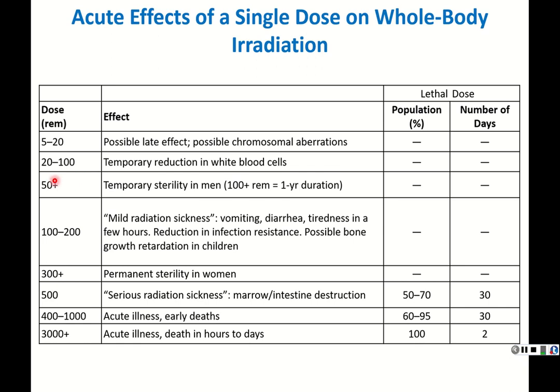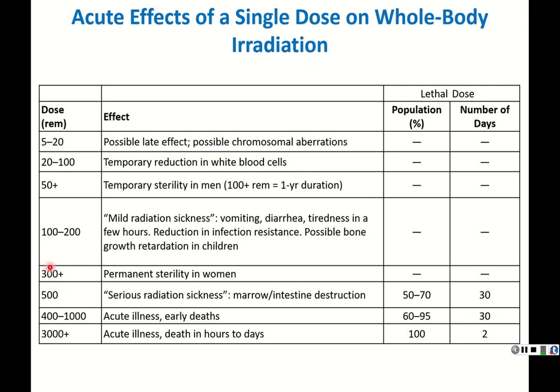If you take half to a quarter of that and just do it all at once, that would be enough to cause this temporary sterility in men. 100 to 200 rem, that causes mild radiation sickness, which would include vomiting, diarrhea, tiredness for a few hours, and make you feel pretty bad.